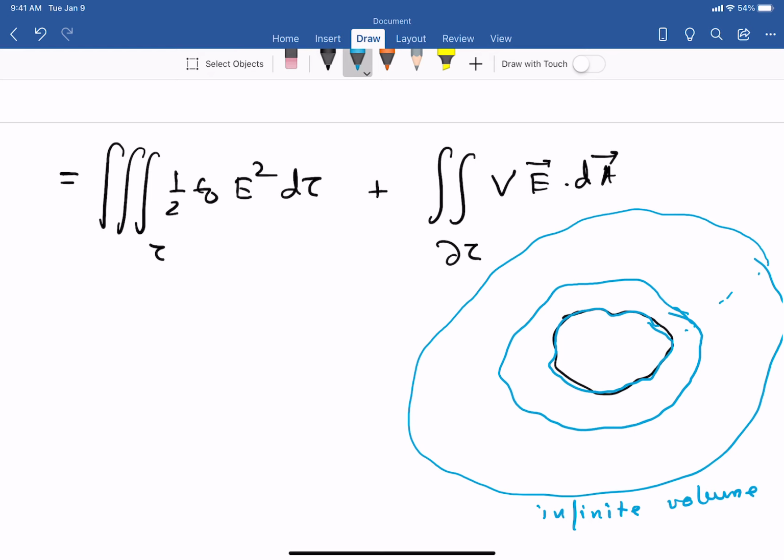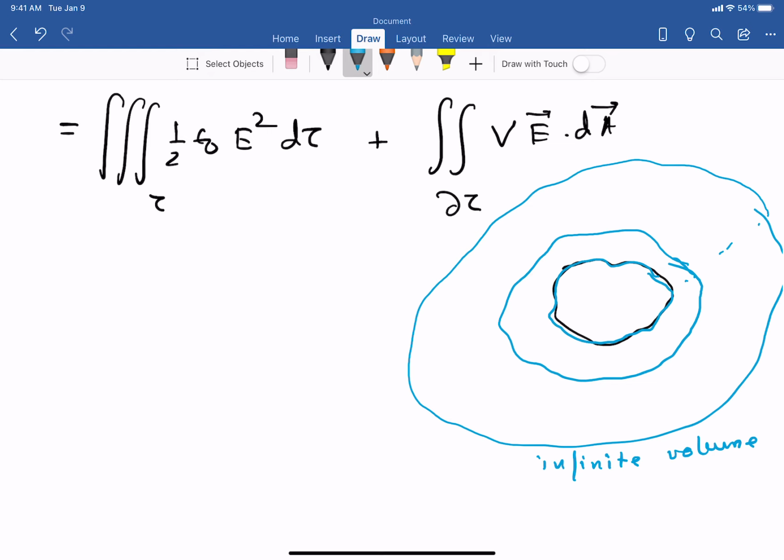The advantage of using an infinite volume is the following. Look at the quantities in the surface term. We have a potential due to a charge distribution, an electric field due to the same charge distribution, integrated over an area. So this second term is essentially the product of a potential, an electric field, and an area.